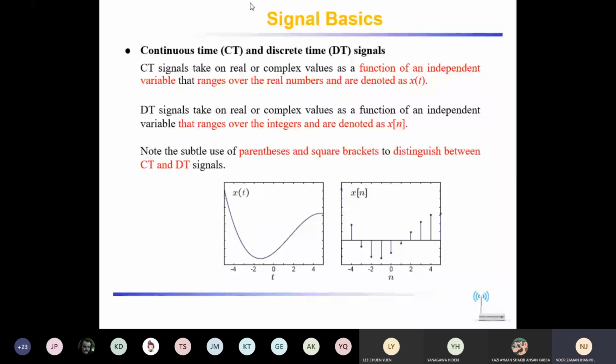In other words, DT signals are the digital signals, and CT is the normal pattern for analog signals. Analog signals work as waves in a continuous form, while digital signals work in the form of DT, as explained here.